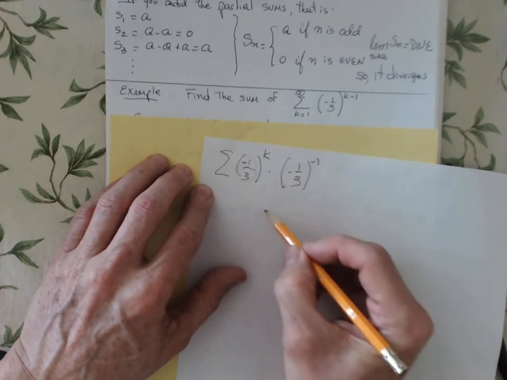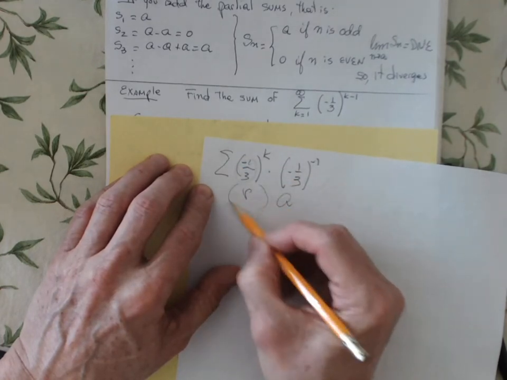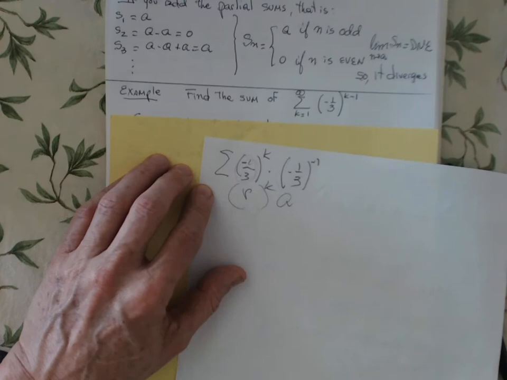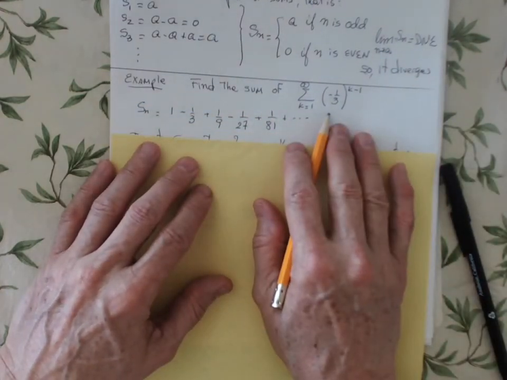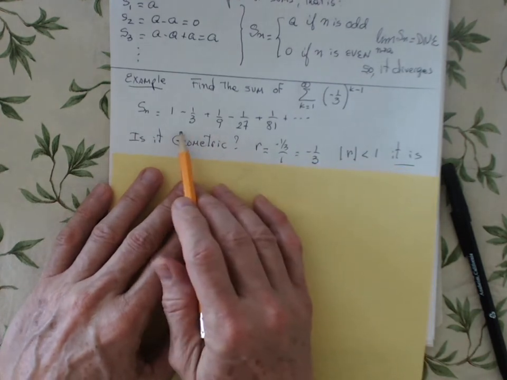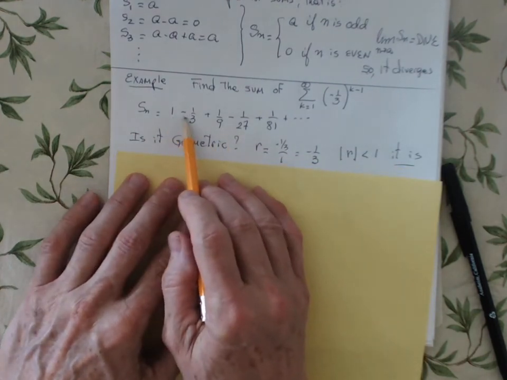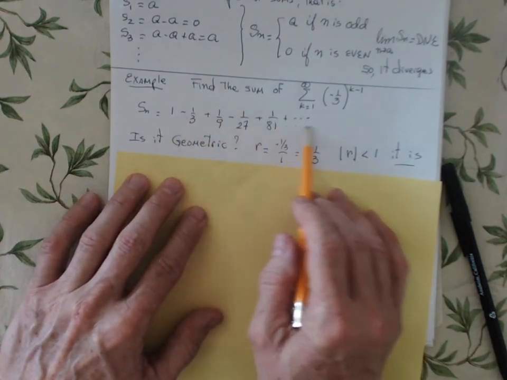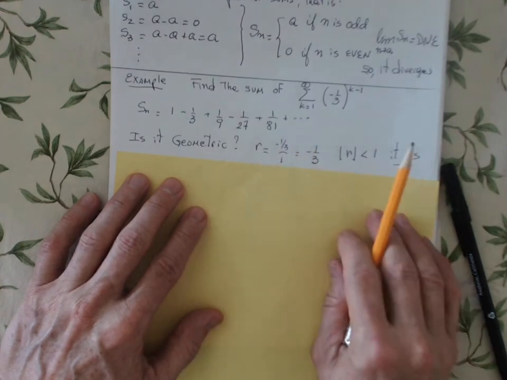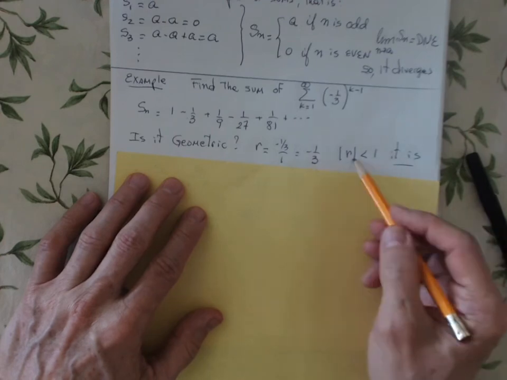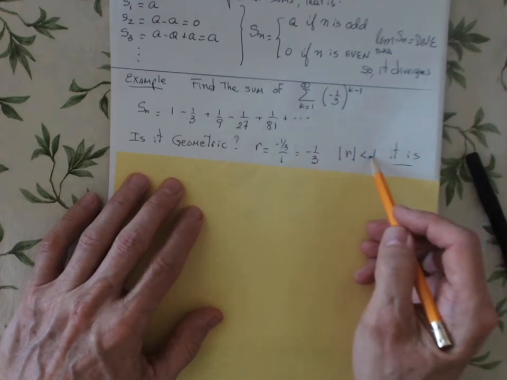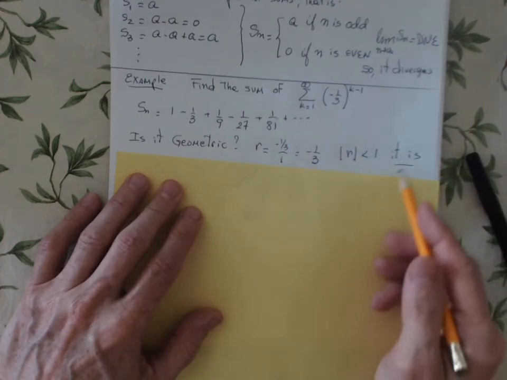This is a and this is r to the k. So if you expand it, you notice it's geometric, which if you multiply by -1/3, -1/3, -1/3, the ratio is -1/3. Or if you divide this by this by this, you get -1/3. So the absolute value is less than 1, it is between 1 and -1.